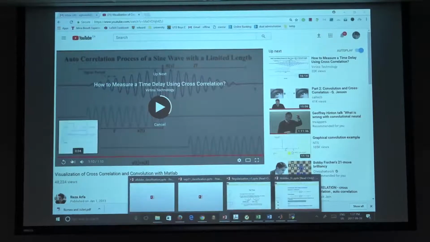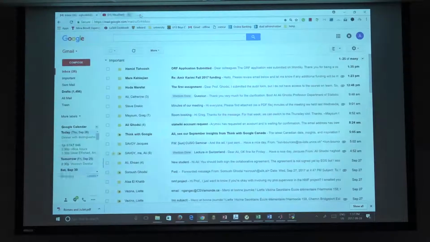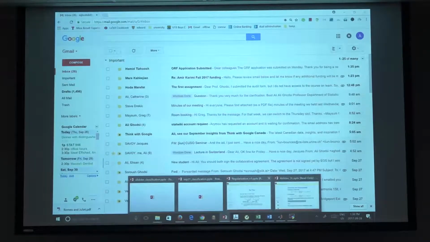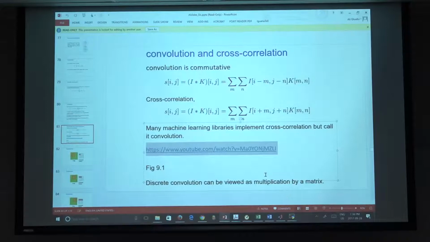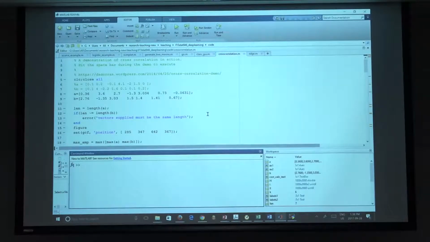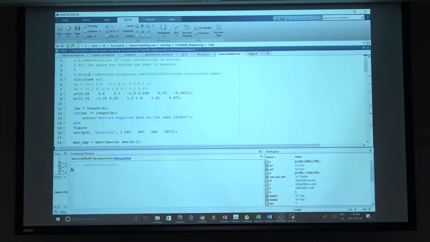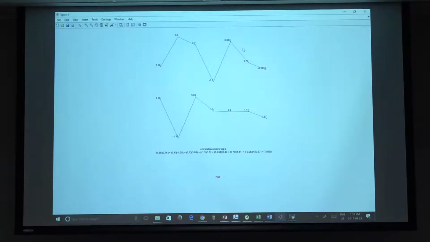So that could be helpful. The fact that we can use cross-correlation to find similarity could be quite useful. Let me show you. Okay, see, I have two signals here, this signal and this signal, and I compute cross-correlation between them.